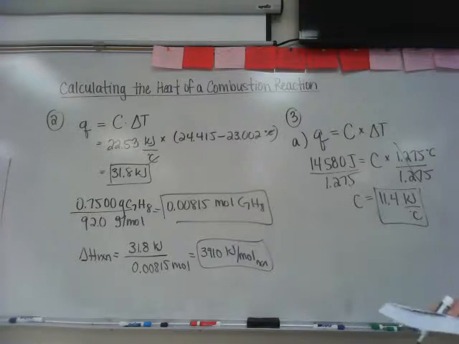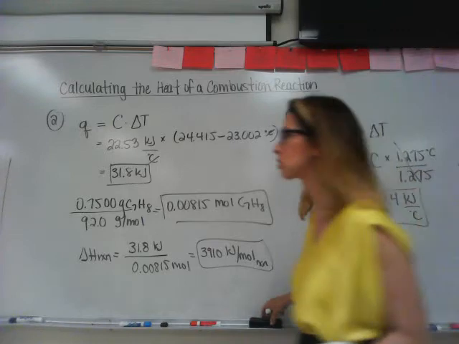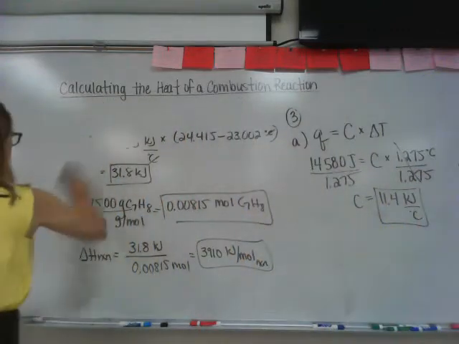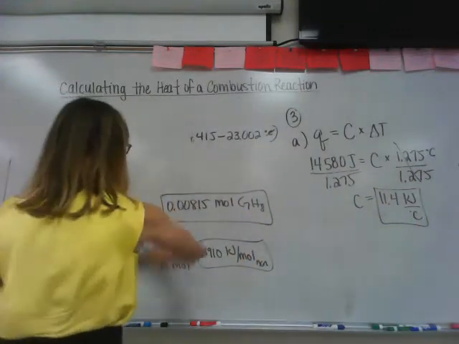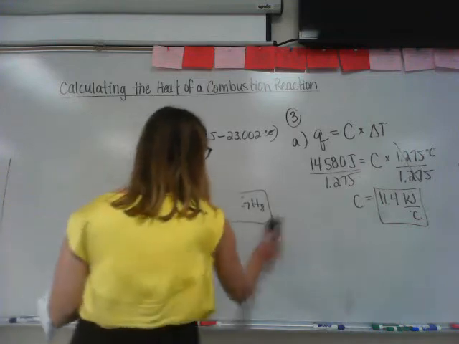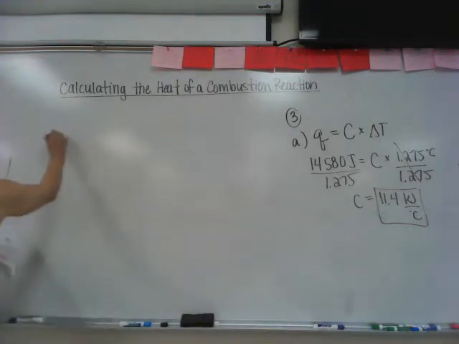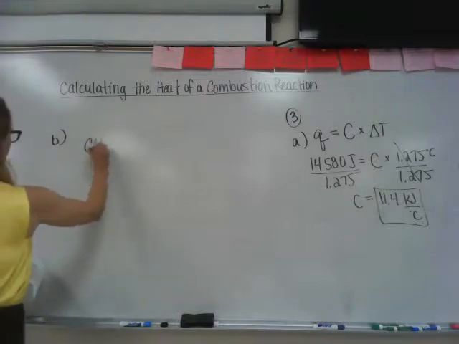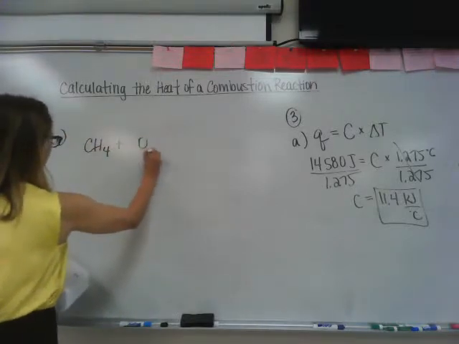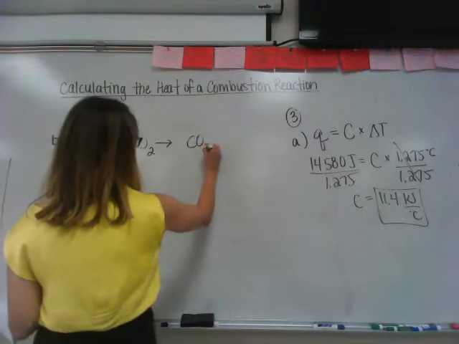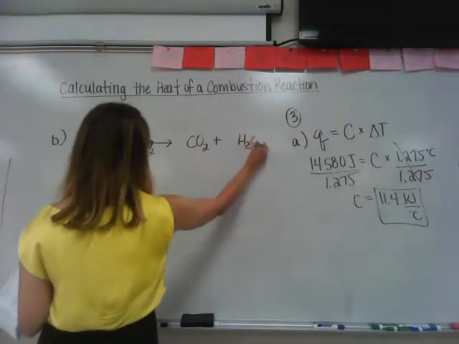For B, it says use the data in the table of heats of formation to calculate the enthalpy change of combustion of methane. Well, we need a balanced chemical equation for this. So when methane combusts, it combines with pure oxygen, and you always form carbon dioxide and water.